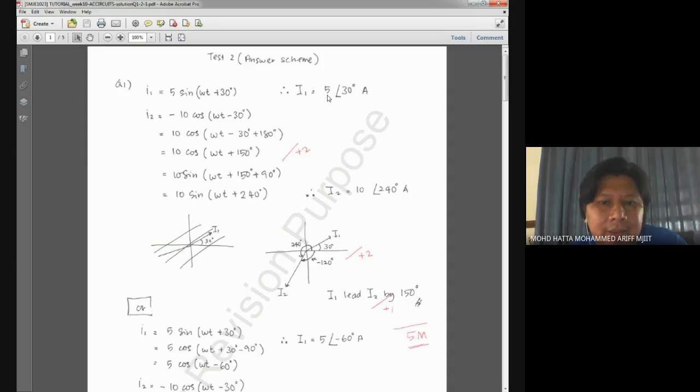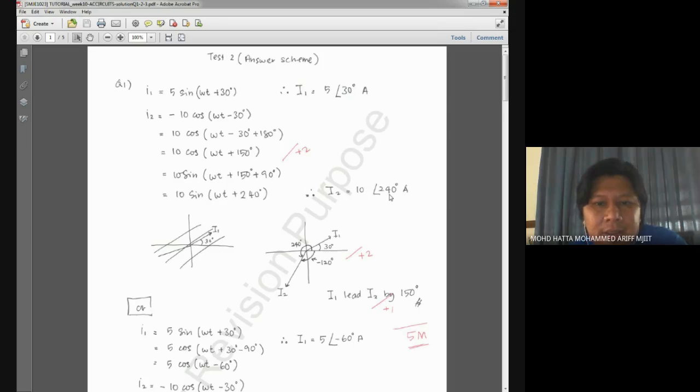We are taking the magnitude of the sinusoid and also the angle of the sinusoid. And since both are in the same form, sine and sine, for I2, if you convert into phasor form or frequency domain, it will be given as 10 with the angle of 240.